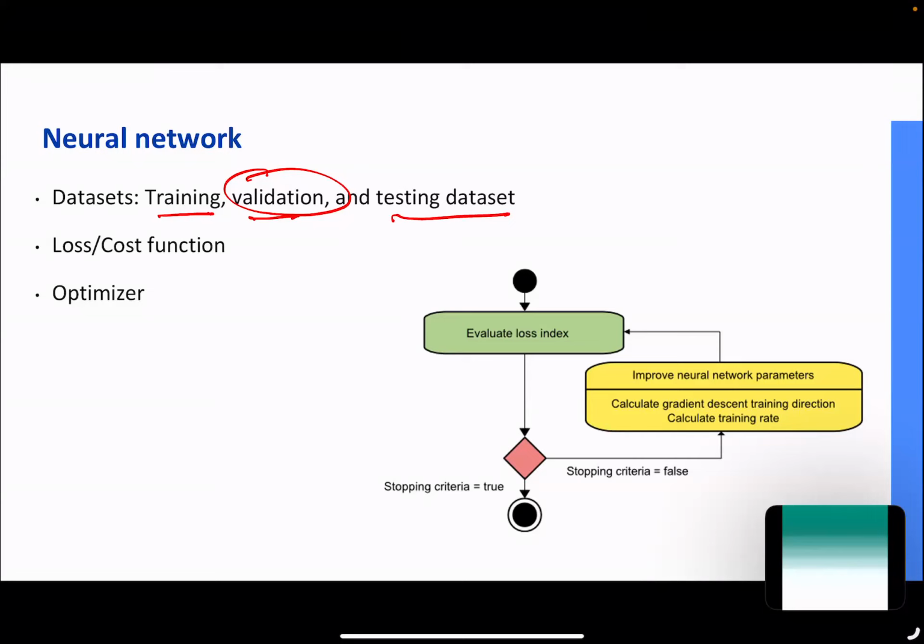So, what are the key components in a neural network? Major components are a loss function, or we can say cost function, and an optimizer function. The working of a neural network is the same as what we already saw in the second session, linear regression, where we have a loss function or a cost function, updating weights and fitting the best line, drawing a linear line between a dependent variable and an independent variable.